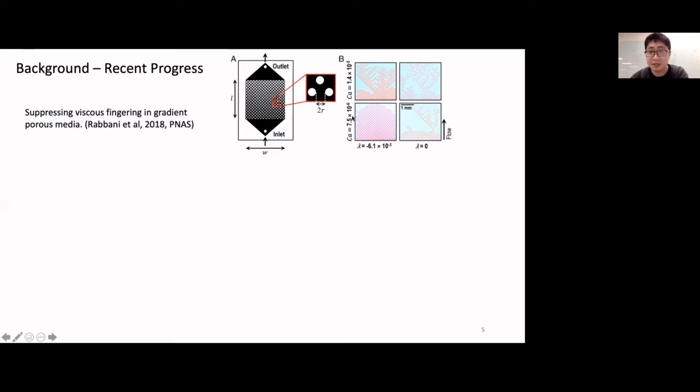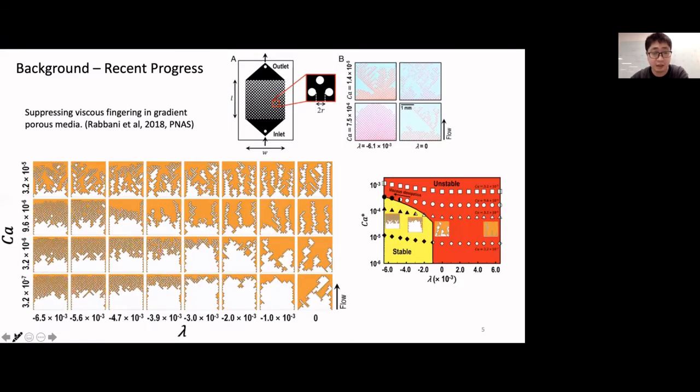You see here that at low Reynolds number, with a gradient the displacement is very compact, whereas without gradient, lambda equal to 0, you see viscous fingering. And they conducted quite a lot of simulations to show that a phase diagram can be derived based on the pore-scale capillary force versus viscous force.